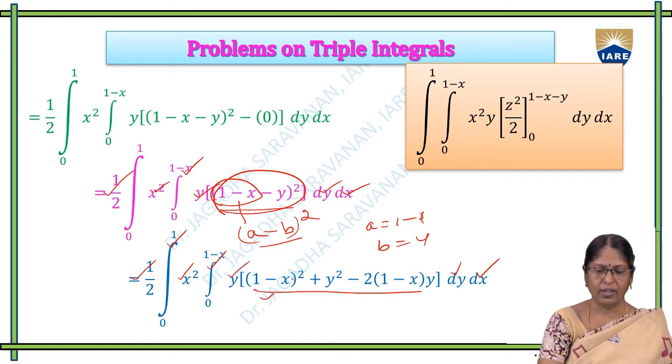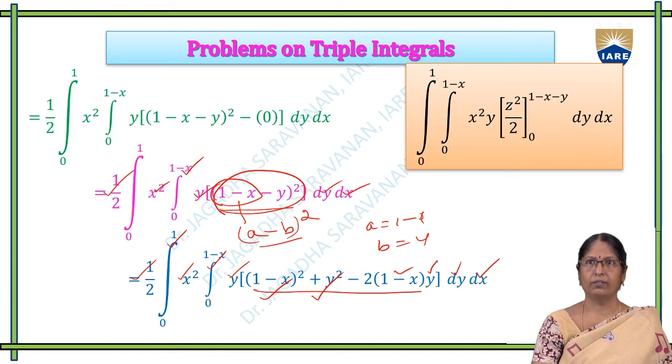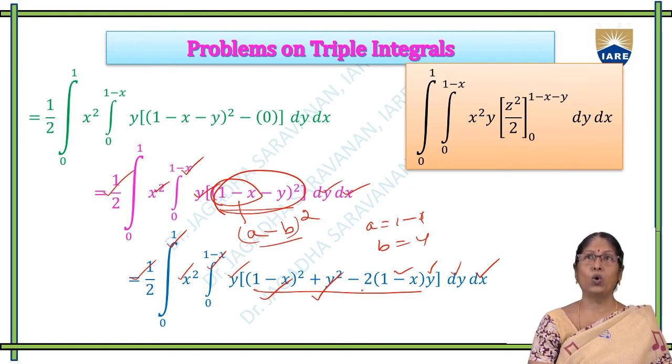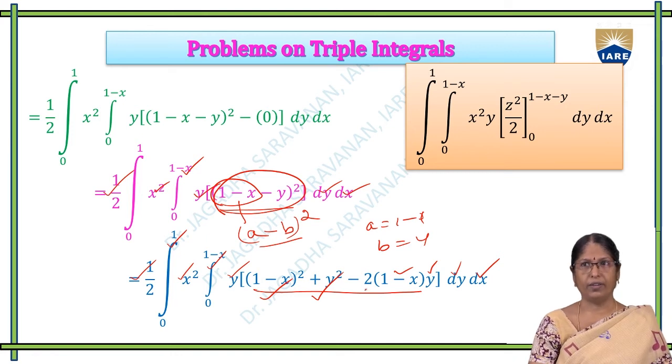We can see it: a square plus b square minus 2ab, treating a equal to 1 minus x and y as b. So we used the a minus b the whole square formula and we have written it here.